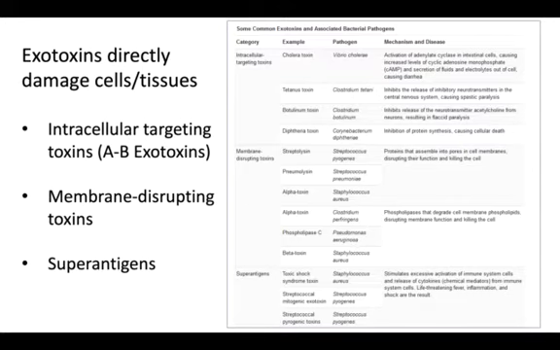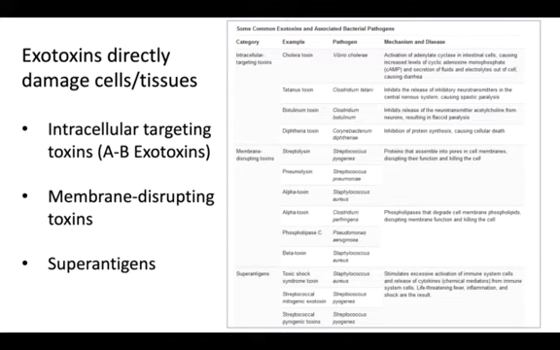Finally, we have the superantigens. And what these guys do is they stimulate an excessive activation of the immune cells, producing a lot of cytokines. And the result is, actually, it can be life-threatening. You've got fever, inflammation, and shock.